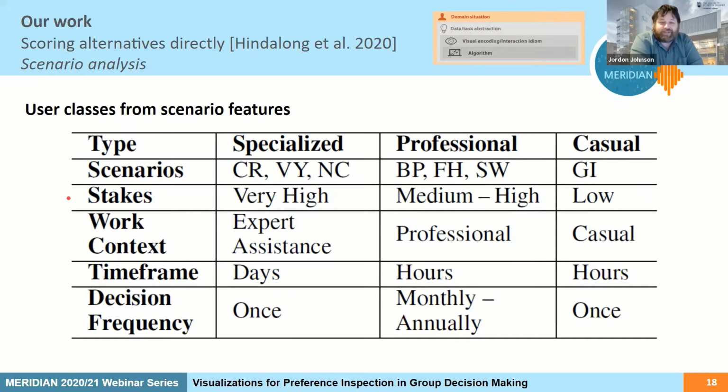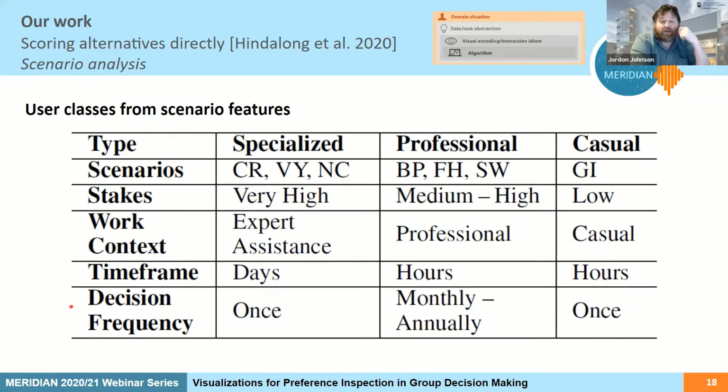or responding to a nuclear crisis would be considered very high. What the work context is, whether we're just dealing with a casual decision, or perhaps something that affects a company, or something that requires the assistance of people who are experts in decision-making methods. The time frame: are we going to take days to discuss and come to a decision on the matter, or is it just going to take hours or even perhaps minutes? And then also the decision frequency.